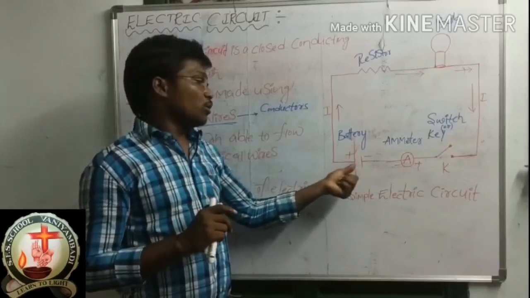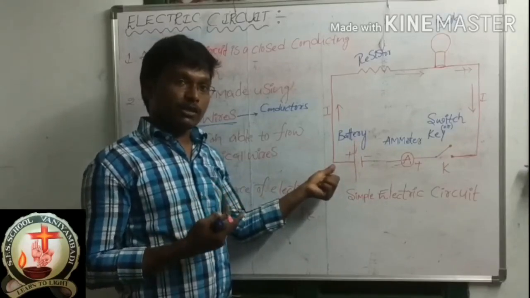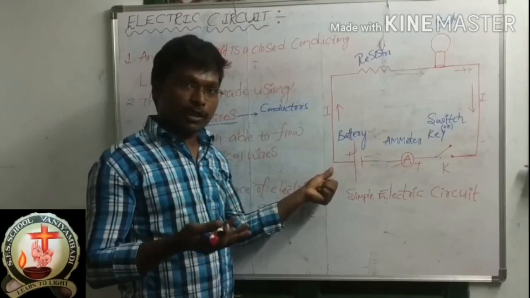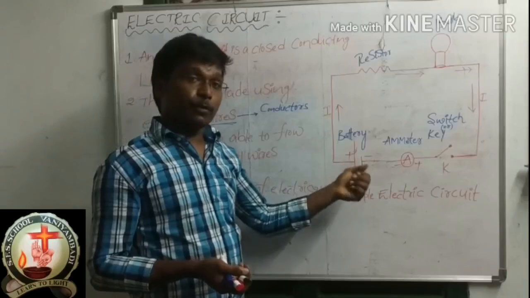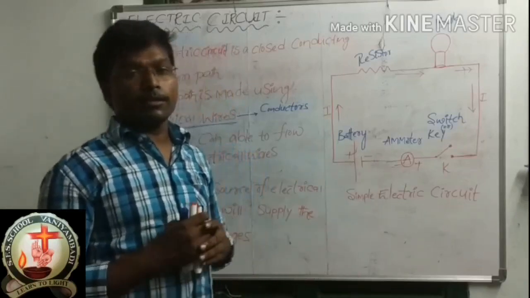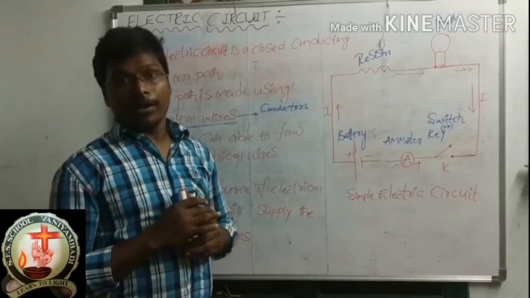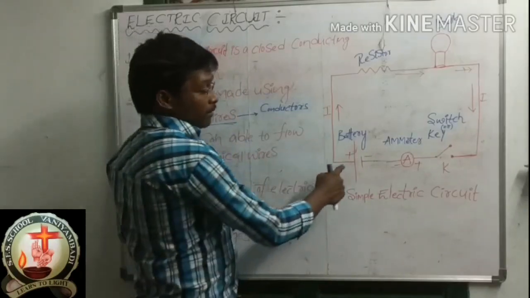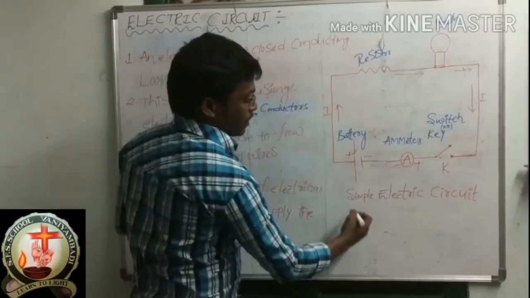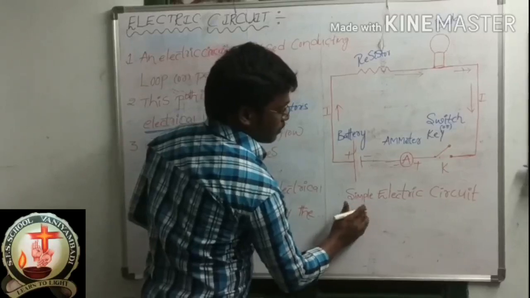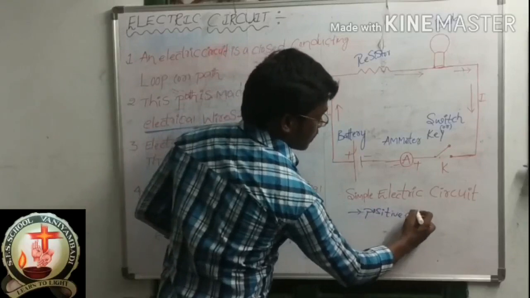The use of the positive terminal is that it produces, or gives, the positive charges, and the use of the negative terminal of the battery is that it produces the negative charges. Just remember that. This positive terminal gives the positive charges.